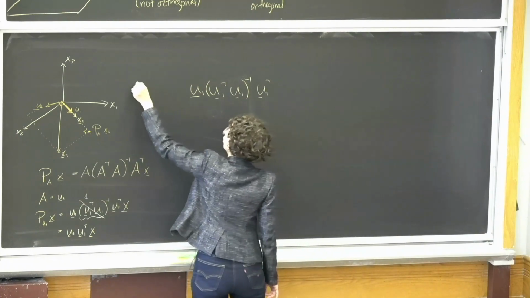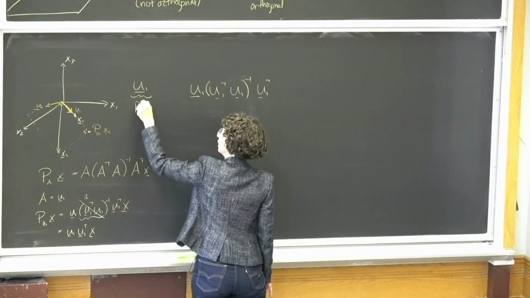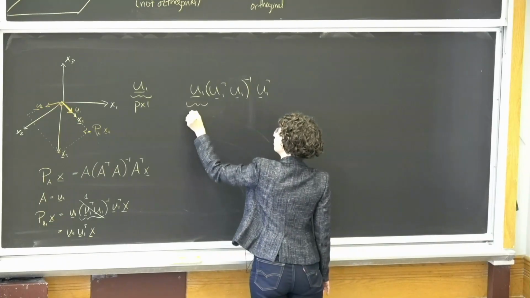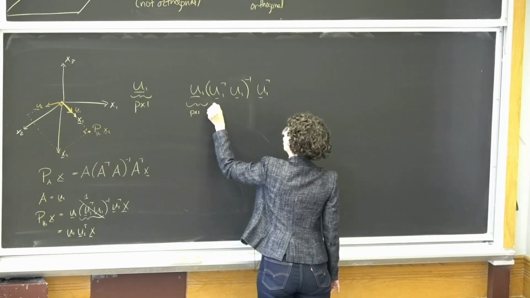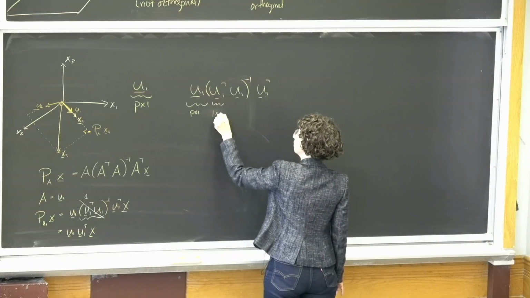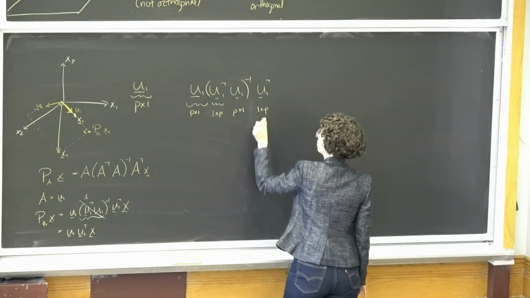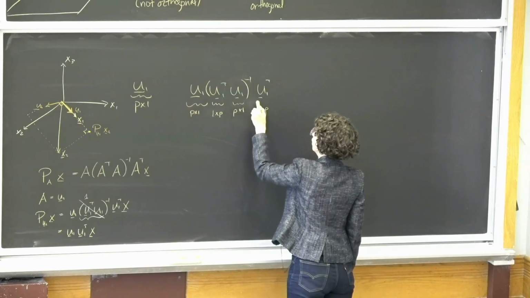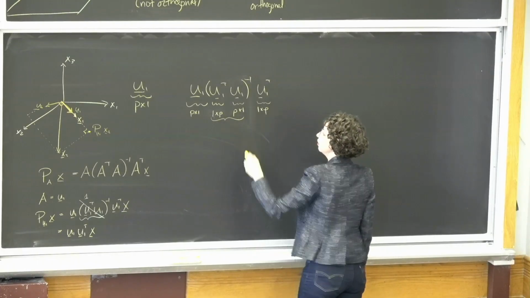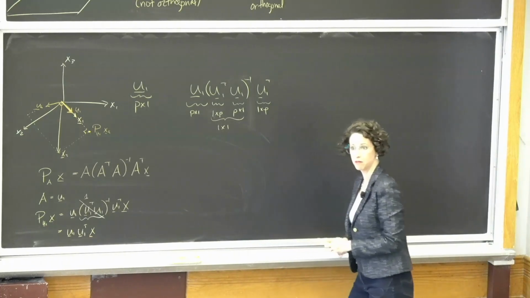U1 is a vector, so this is a p by 1 dimensional vector. This vector transpose is 1 by p. So within these parentheses, I multiply these two together. The inner dimensions are what I take the inner product of, so this becomes just a 1 by 1 scalar.